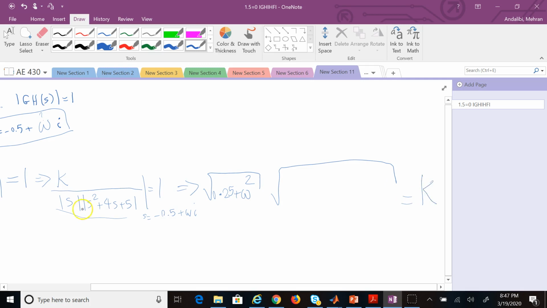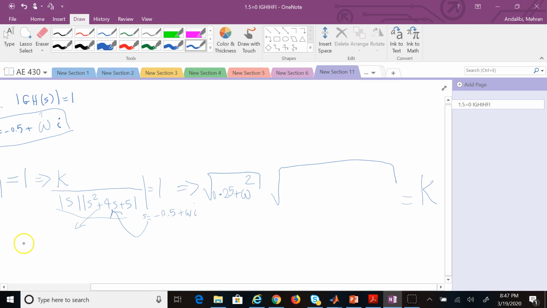Now, what is the magnitude of the second term, the quadratic term, at that s? Well, we have to first plug that s in and simplify it. So first we have to square this guy.